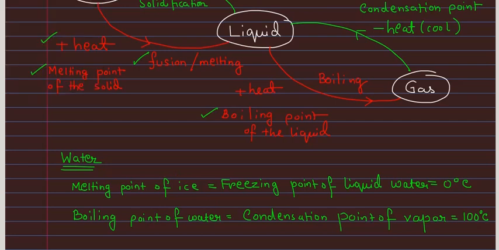Finally, there are two more processes with which we should be familiar, and I am sure you already know them. One of them is sublimation, the other one is evaporation. Sublimation is the process where a substance in its solid state directly converts to the gaseous state without passing through the intermediate liquid state.